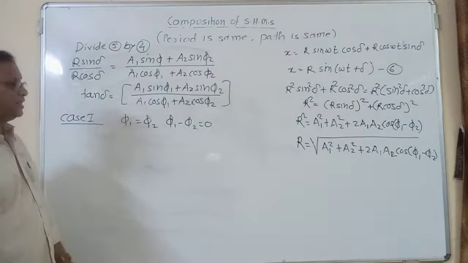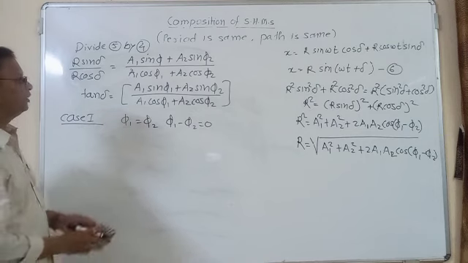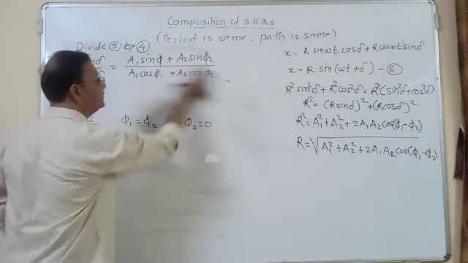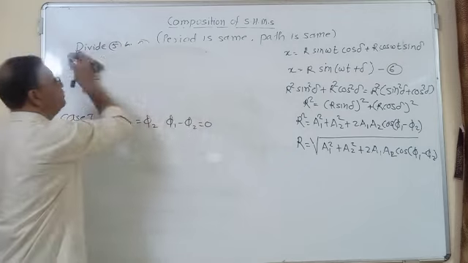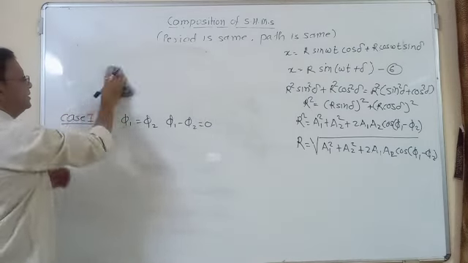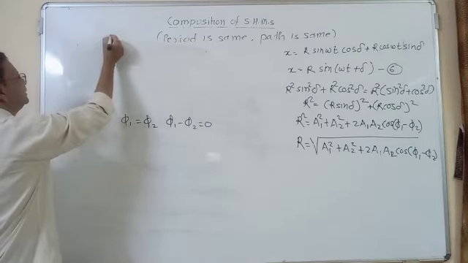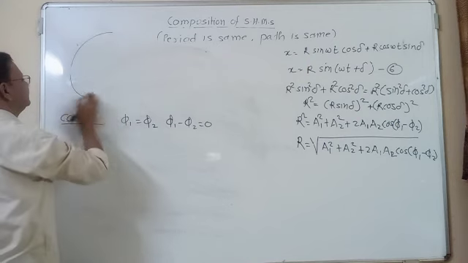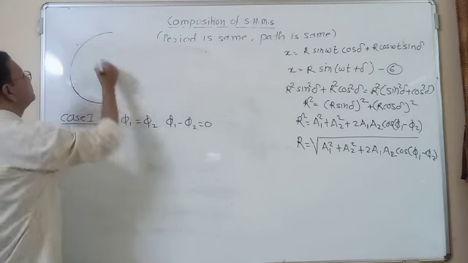What does it indicate, what does it represent, if the two simple harmonic motions have the same phase? Suppose this is a circular path.